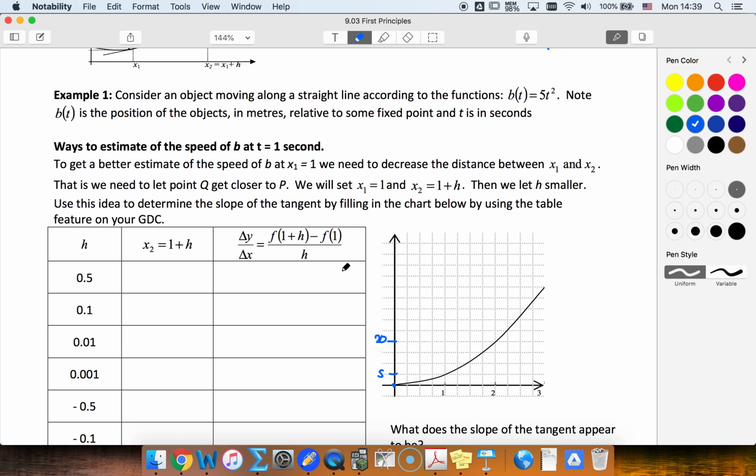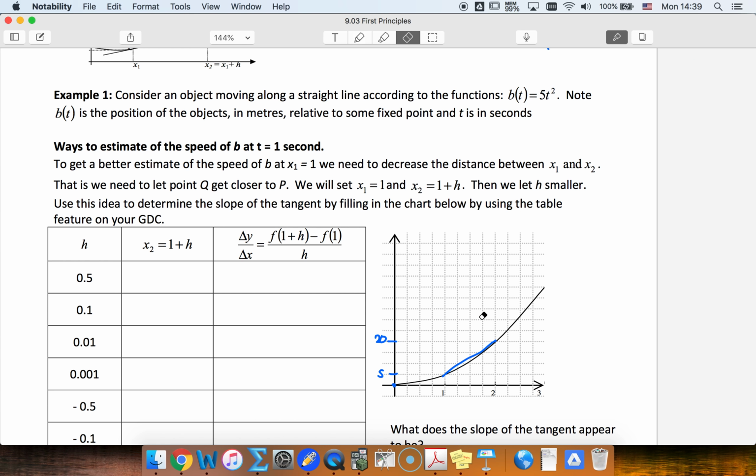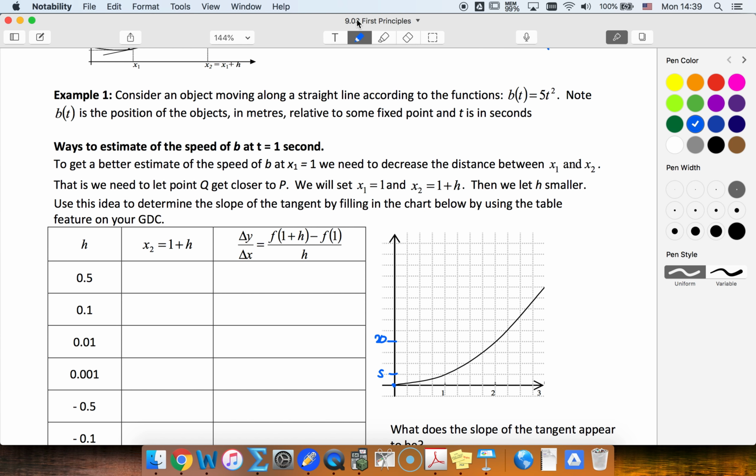So if I want to think about my speed at 1 second, then I want to bring my distance closer and closer. Because right now, if I think about putting in a line from here to here, let's try that again to put in a straight line.